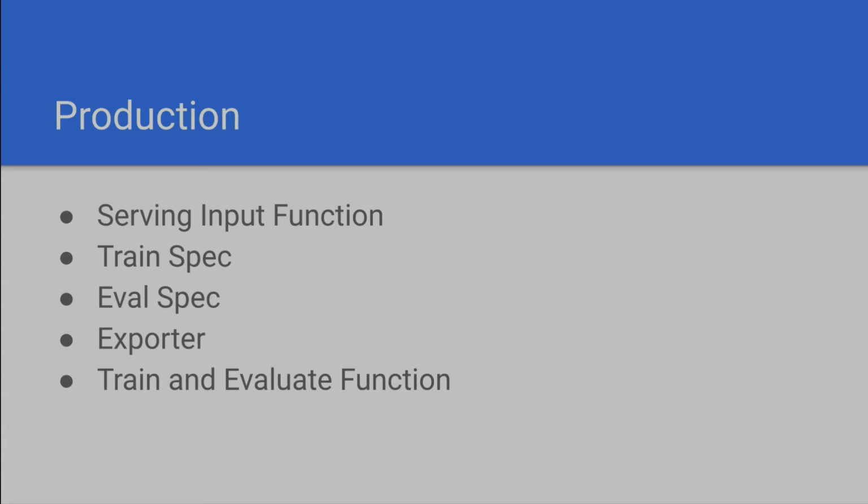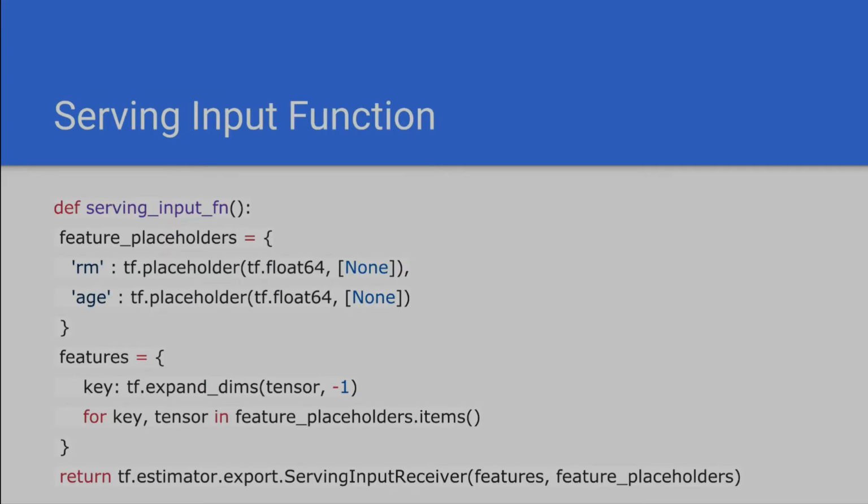So with all of these requirements, let's go ahead and look at how you would change your code to implement these requirements so that you can do all that. So now you need to define a serving input function. Your serving input function will have your feature placeholders. Your feature placeholders are the things that will take your parameters that will be passed into your model.